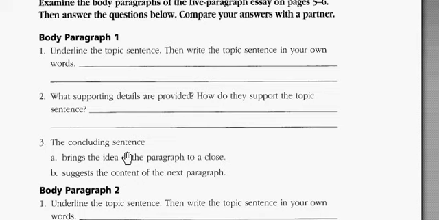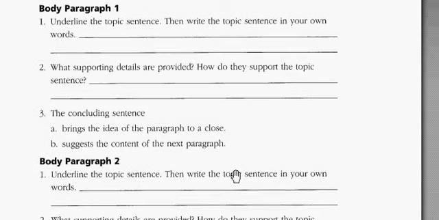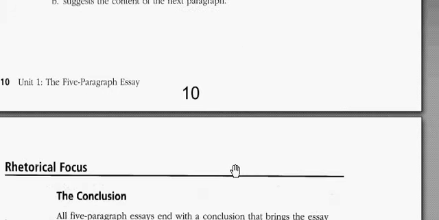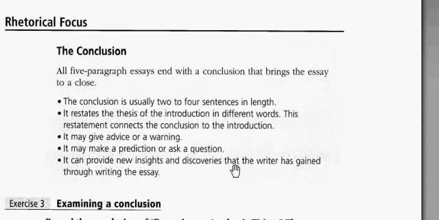Maybe it is bringing the idea to a close, so it's finishing the final thought about that paragraph, or maybe it is suggesting what will come next in the next paragraph. That's another style of writing.